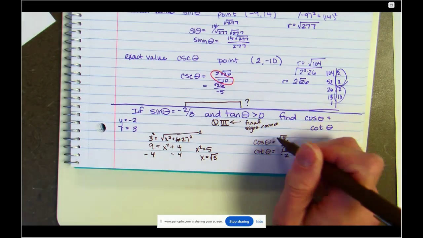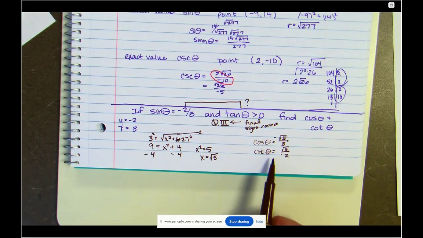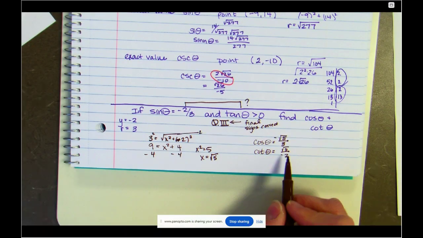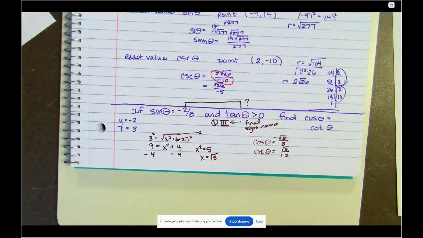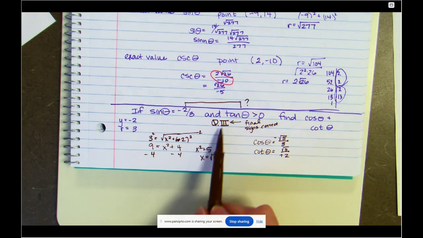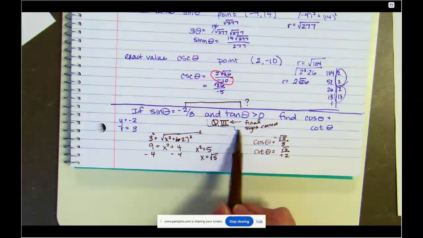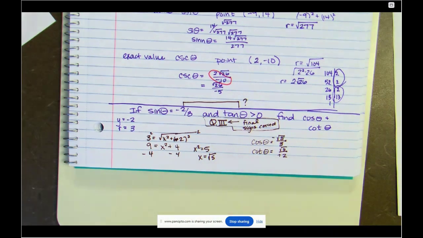Negative, so make them negative. If we are in quadrant 3, the cotangent should be positive. Cotangent is positive because tangent is positive. So all you're doing with this inequality business and finding the quadrant is, at the end, you go in and change the signs so that they are appropriate for the quadrant.